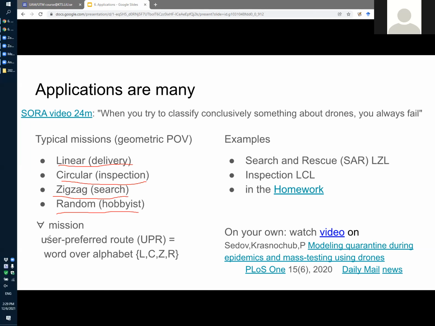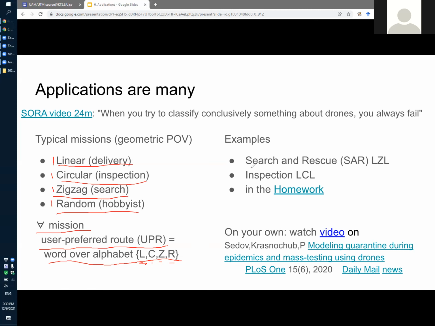And going slightly more technical, but not too much, for every mission, you can think of what would be the user preferred route. So what would the operator want to do? And this route could be stated as a word over this alphabet, where you have letters L, C, Z, and R for the linear part, circular part, zigzag part, and the random part.